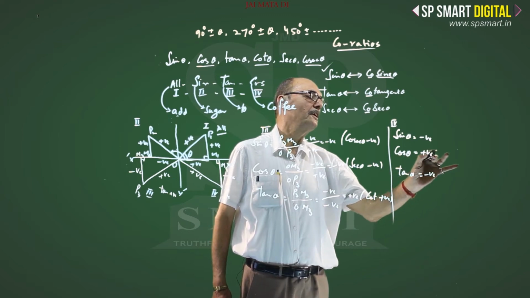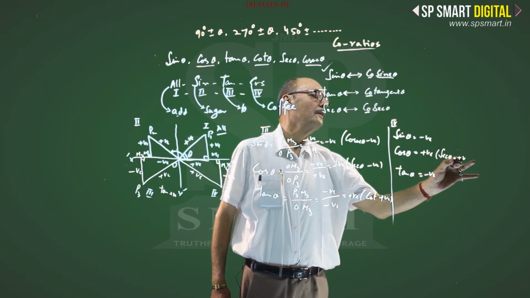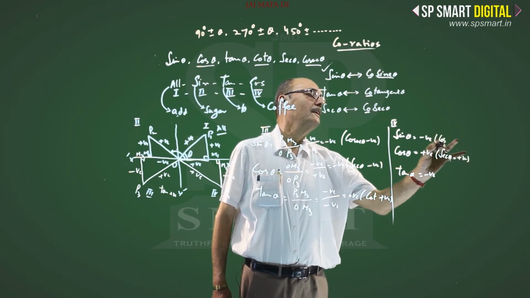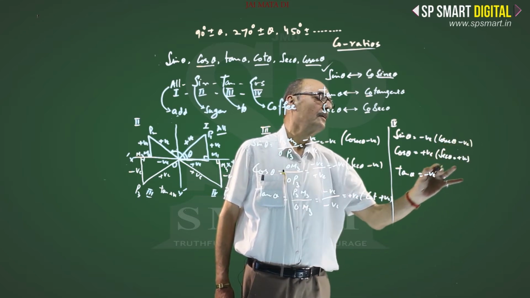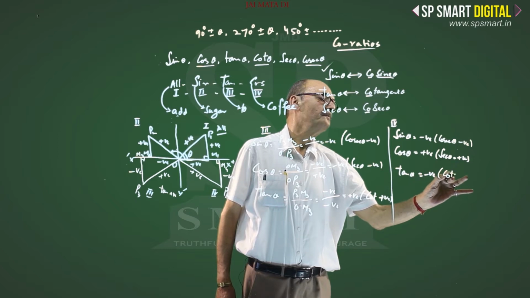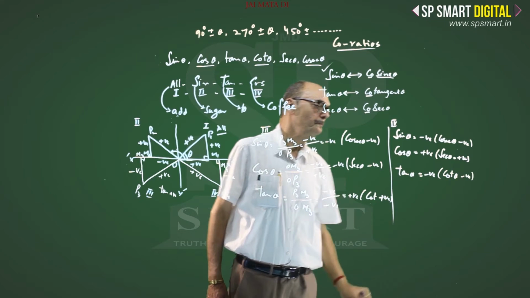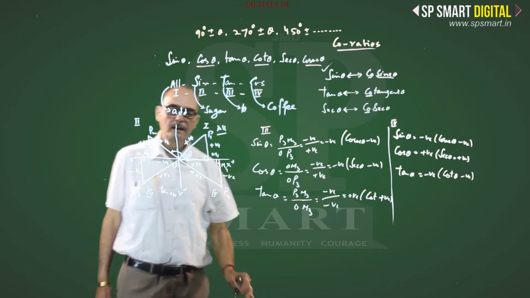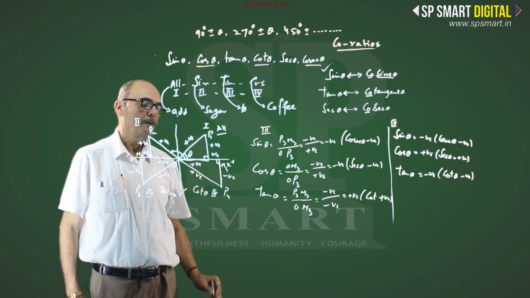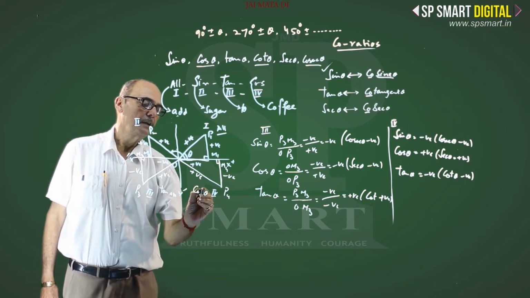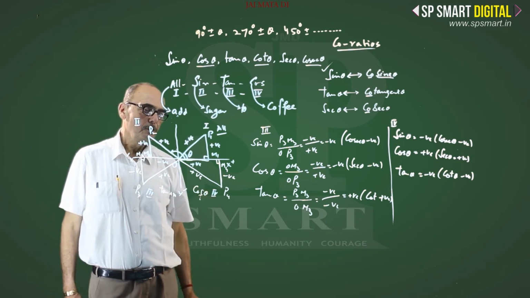If cos theta is positive, its reciprocal secant theta is also positive. Cosec theta is negative. Cot theta is negative. Well, I can write here, oh no, cos theta, this is cos theta is positive.